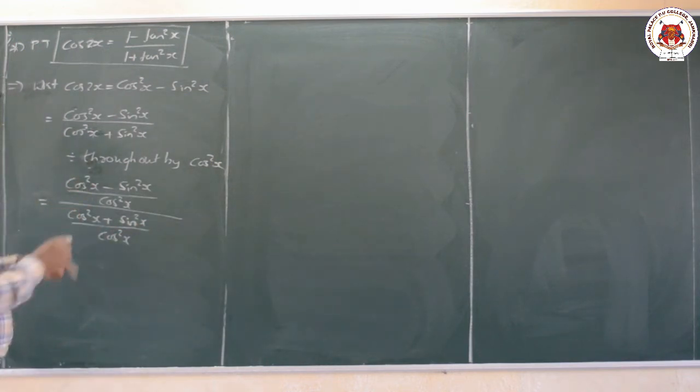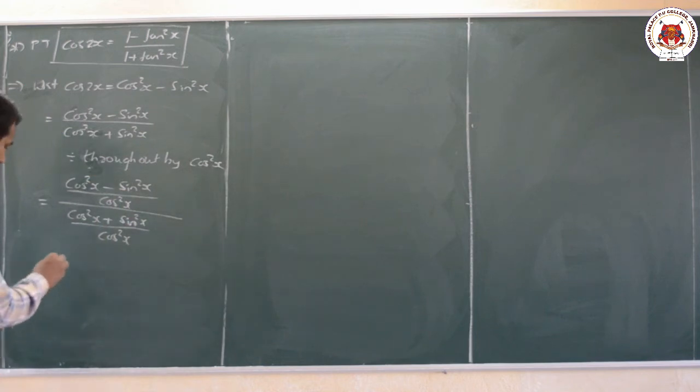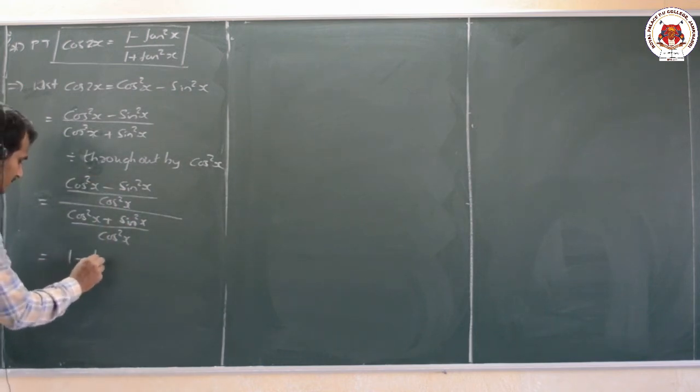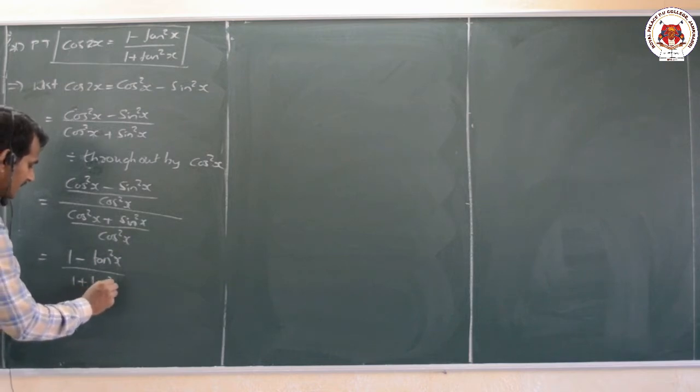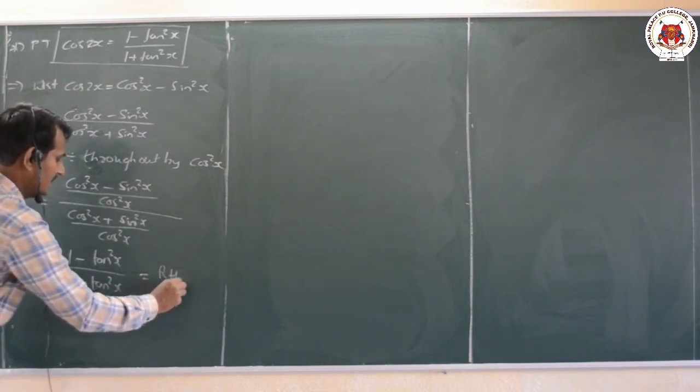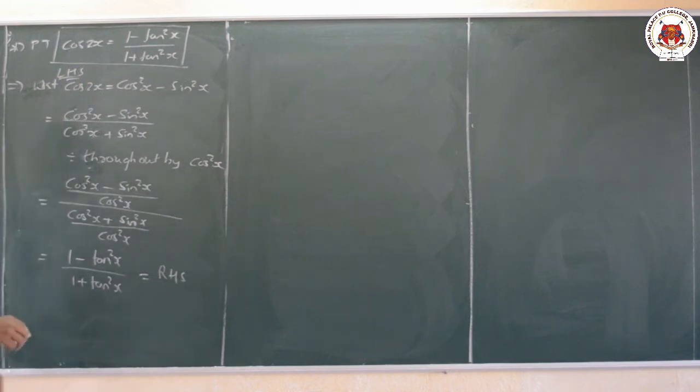Now, cos square x divided by cos square x is 1, and sin square by cos square is tan square. The value is 1 minus tan square x divided by 1 plus tan square x, that is nothing but our RHS part. So, this is our LHS. Okay, dear students, that is one particular derivation.